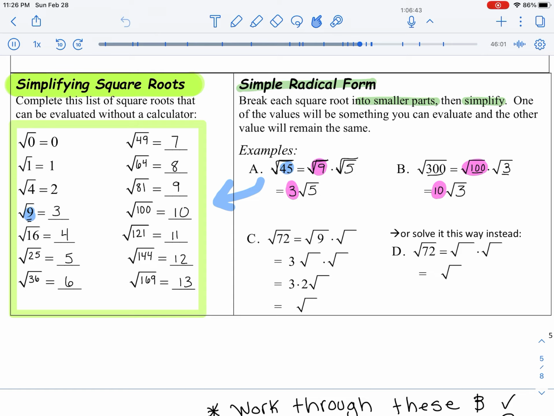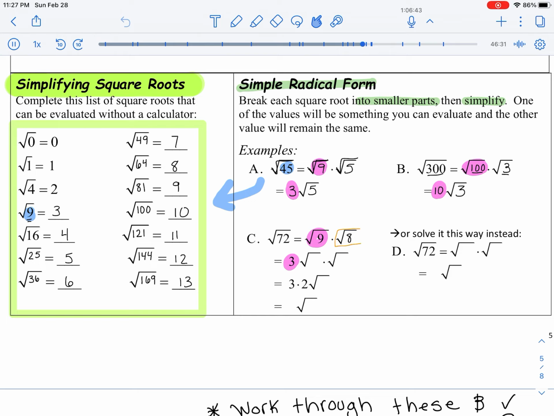Now, occasionally these are harder for us to figure out, such as the square root of 72. And I go, I know that 9 times 8 equals 72. So the square root of 72 equals the square root of 9 times the square root of 8. The square root of 9 is 3. How lucky.